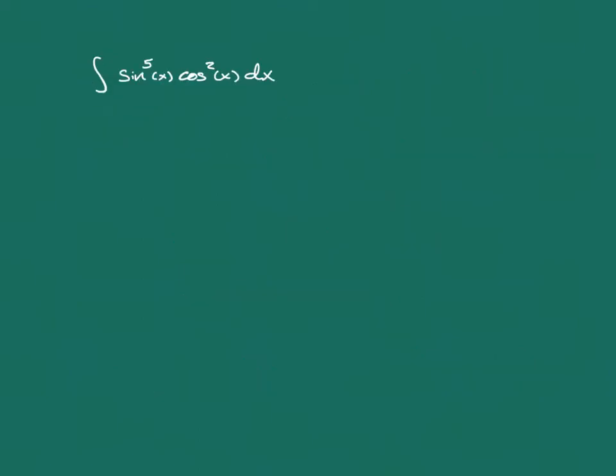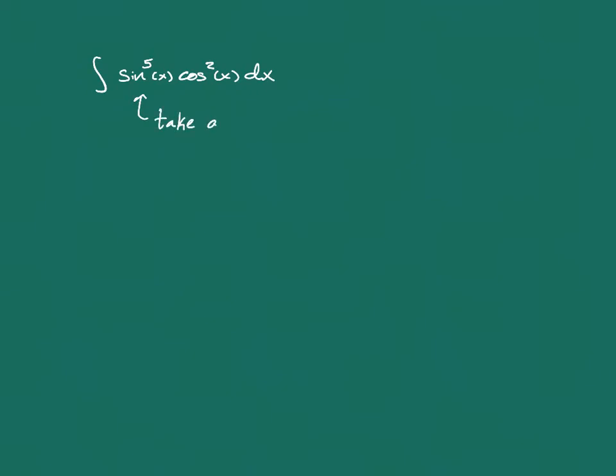All right, so what we're given is a sine to the fifth power and a cosine squared. And so because we've got that sine to the fifth power, what that gives us is something where we can take out an extra power of sine.